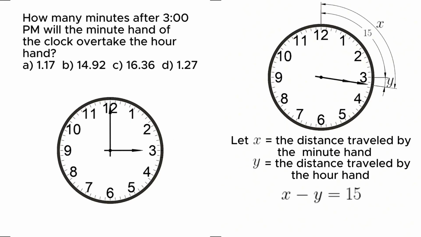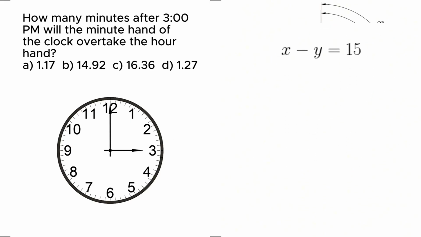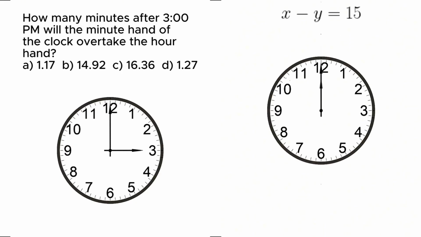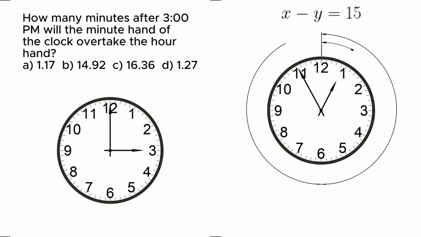Now we need another equation to relate x and y. Let's think of a scenario where both hands start at 12, and after 1 full hour, the minute hand completes a full circle, that's 60 tick marks, and the hour hand moves from 12 to 1, and that's 5 tick marks.